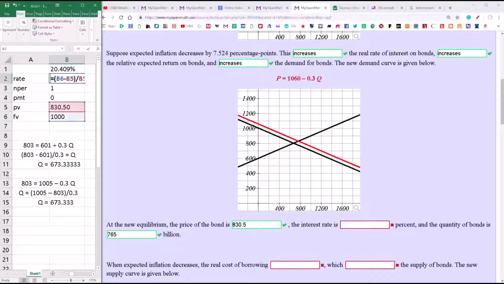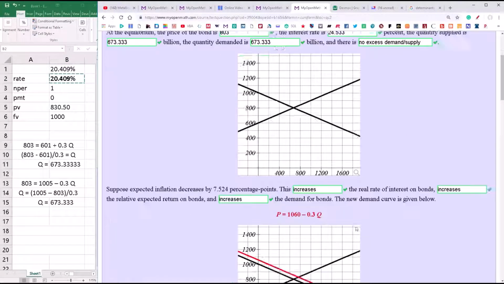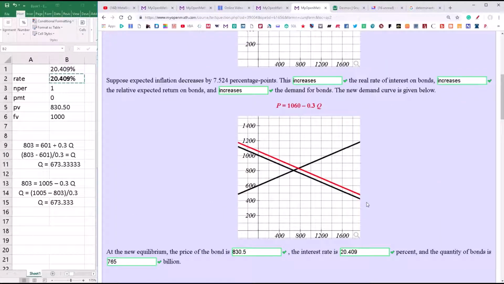And whether we use the formula from the notes or Excel's rate function, we get an interest rate of 20.409%. So interest rates, in fact, did fall. Whoop, I forgot to delete the percent symbol. Okay, so that's what happens on the demand side when expected inflation decreases.